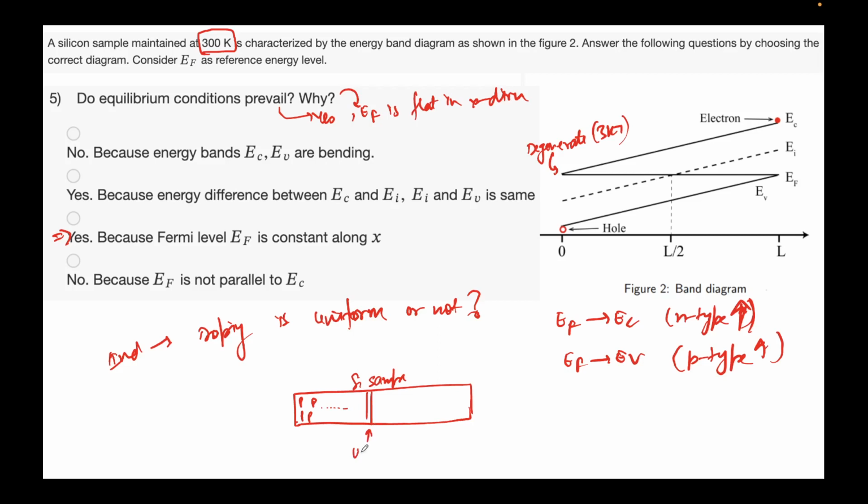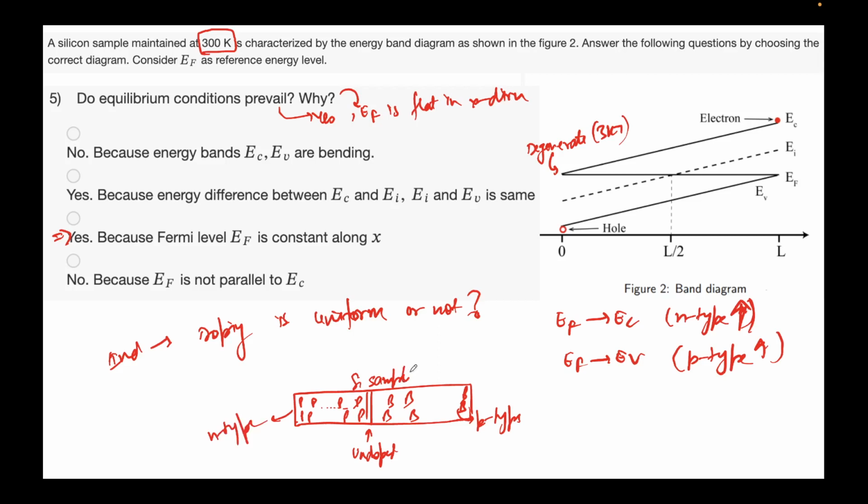On the right side it's heavily doped with boron. Here it's mildly boron, and here also it's mildly phosphorus. Boron is a p type, so this side becomes p type, and this side becomes N type. So this is how this sample is being made.